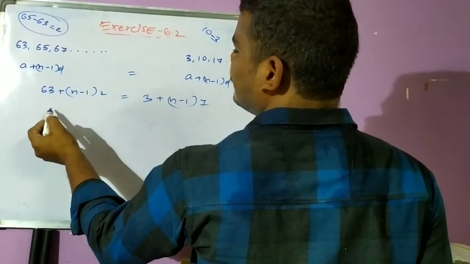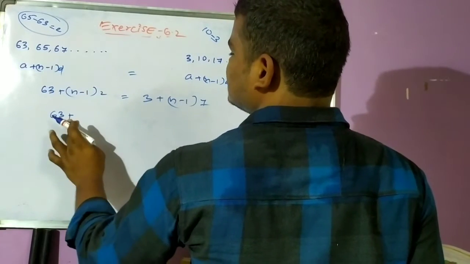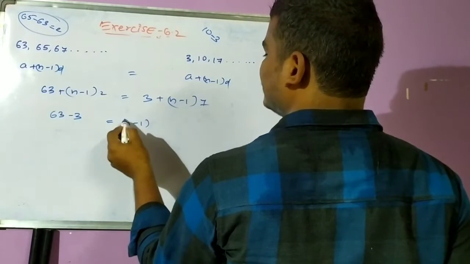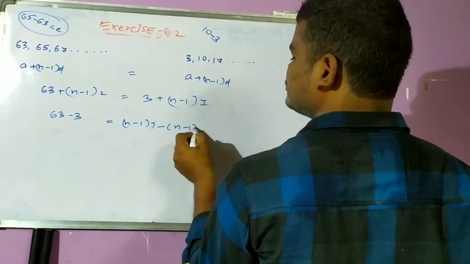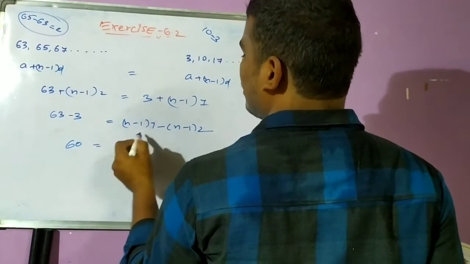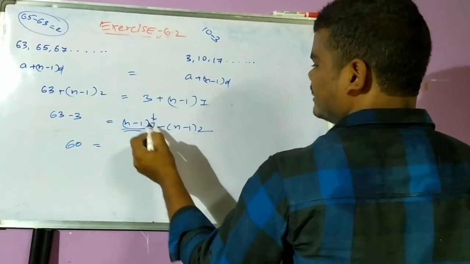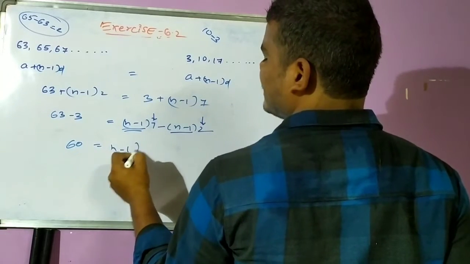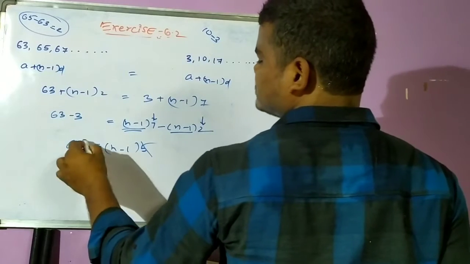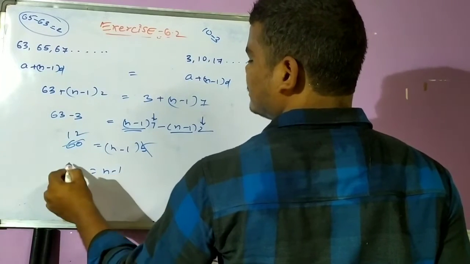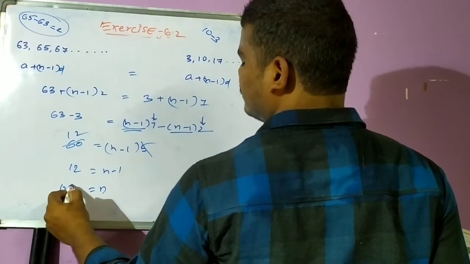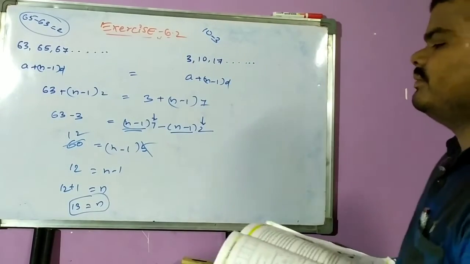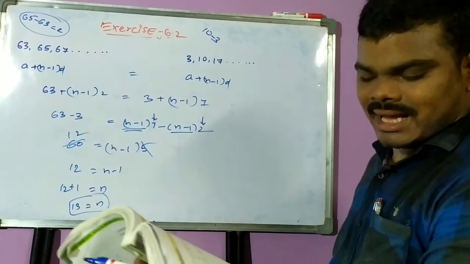Now coming to this side, 63 minus 3 is 60, equal to (n minus 1) into 7 minus (n minus 1) into 2. 7 minus 2 is 5, therefore (n minus 1) into 5. 5 twelves are 60, so n minus 1 is equal to 12. n is equal to 12 plus 1, that is n equals 13. The 13th term is equal in both the sequences.